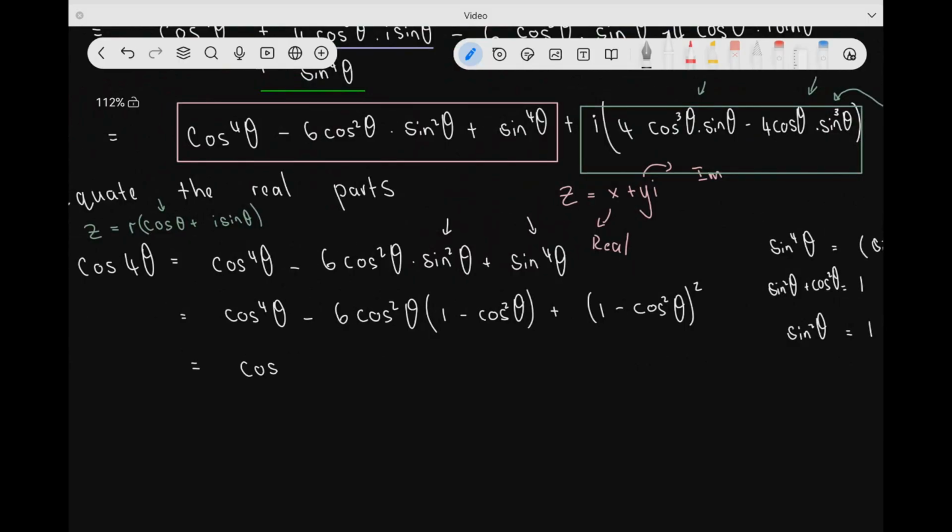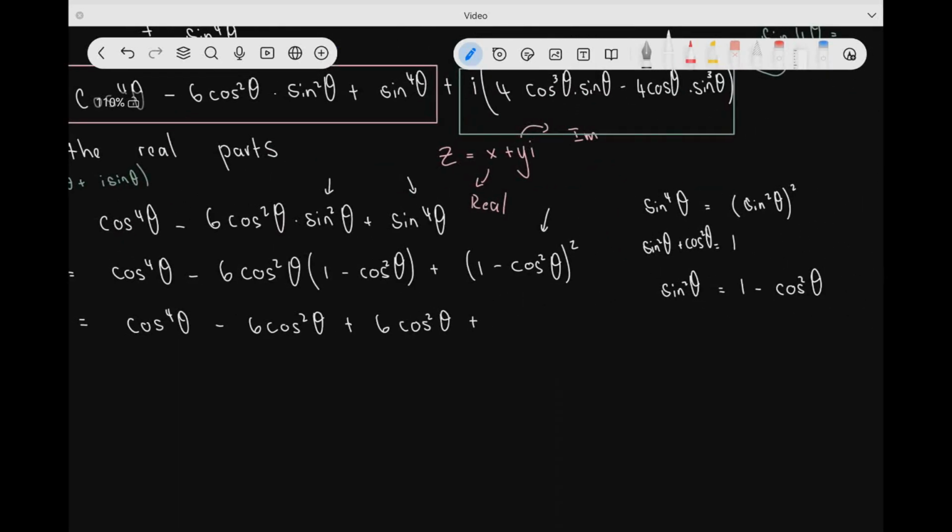Okay, so now I'm going to simplify. So let's simplify this problem. That's negative 6 cosine squared theta plus 6 cosine squared theta plus, if I just use my basic formula here, where we have a plus b squared, actually a minus b squared, sorry.